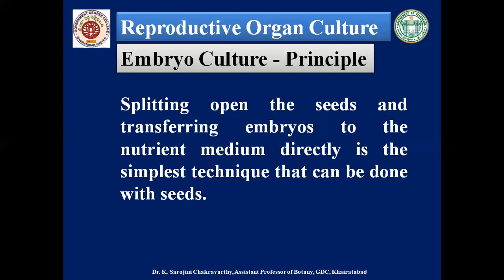Next, split open the seeds and transfer the embryos to the nutrient medium directly. It is the simplest technique, and it can be done with seeds. Next, if you have smaller embryos, how do we proceed?